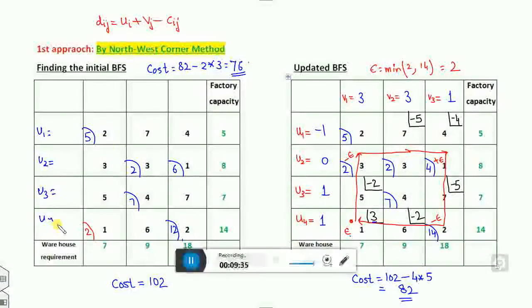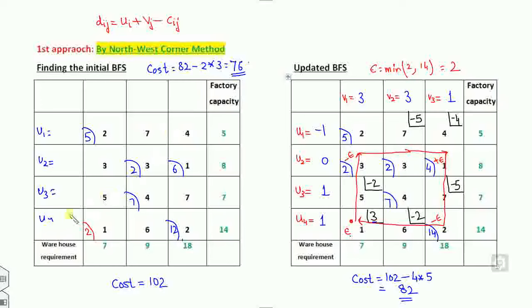So you will calculate the values of these u1, u2, u3, u4, and the vj's. Again, look at that. You can assign any value to be 0. So I can start here. This is my 3, this is now my 1. With the help of this one, I can calculate the value of u4. It is 1.